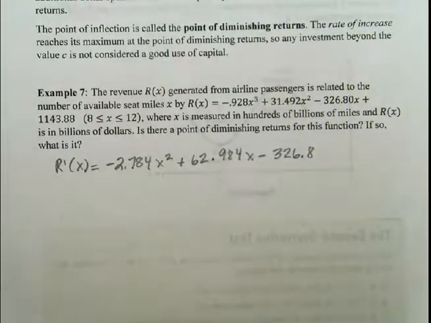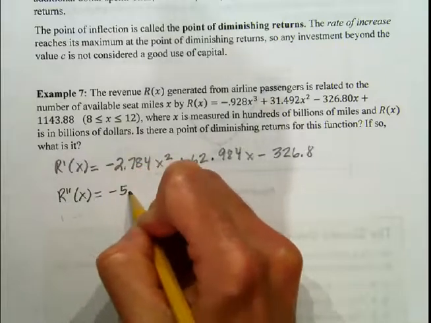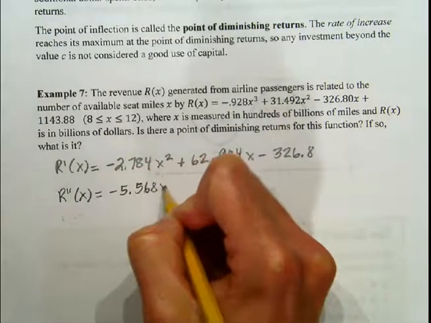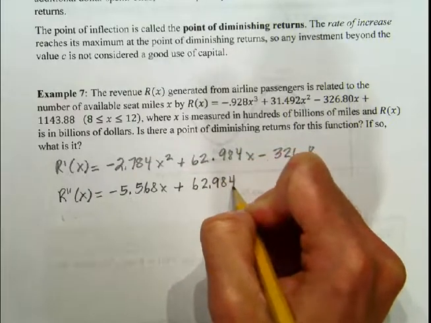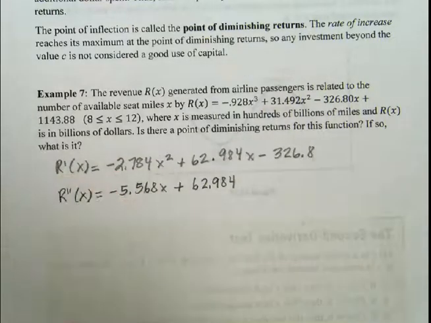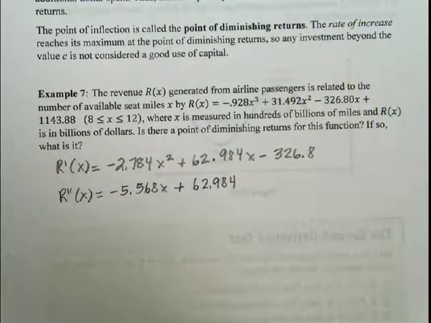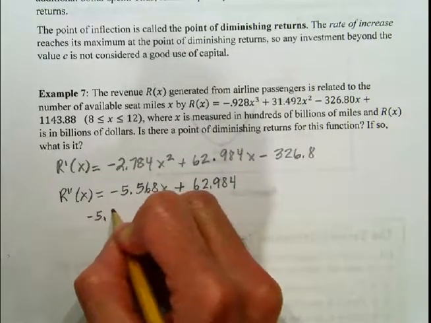But at this level in math, the higher level you get, the more you have to deal with wonderful, interesting numbers, shall we say. Okay, so our second derivative, I believe, is negative 5.568x plus 62.984. So our point of inflection would be where that is equal to 0. So let's solve it.